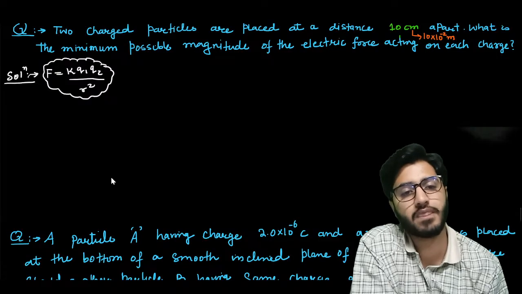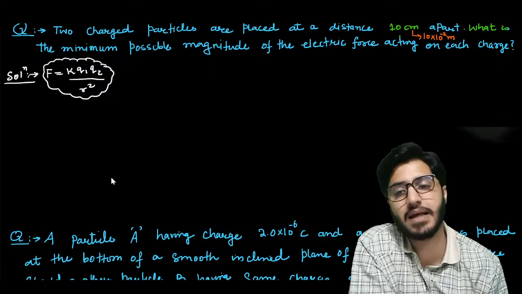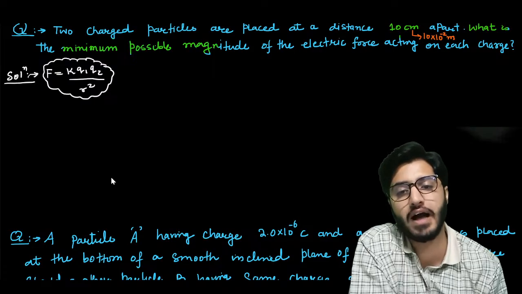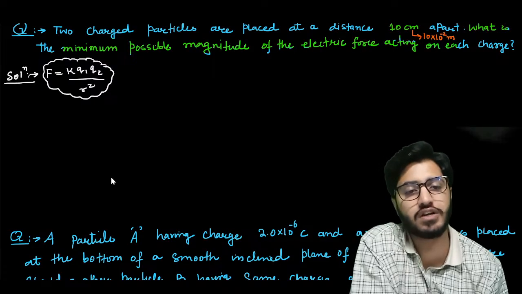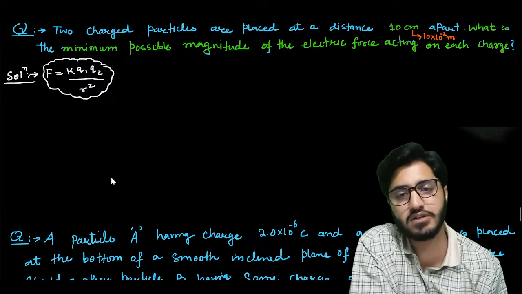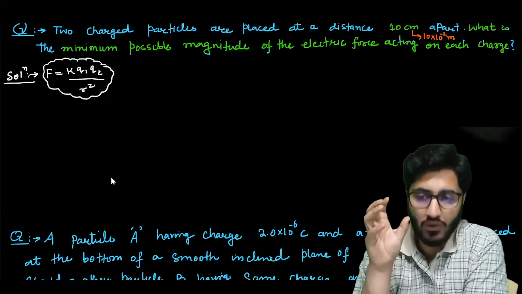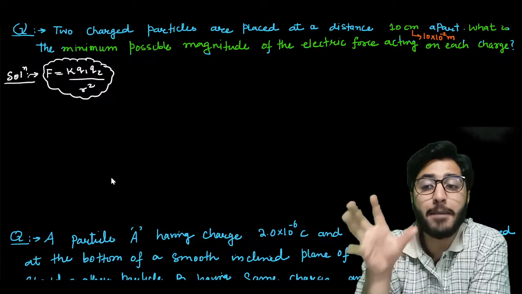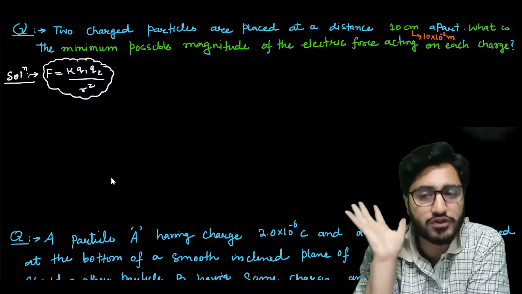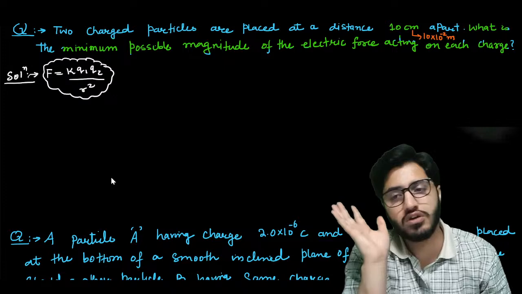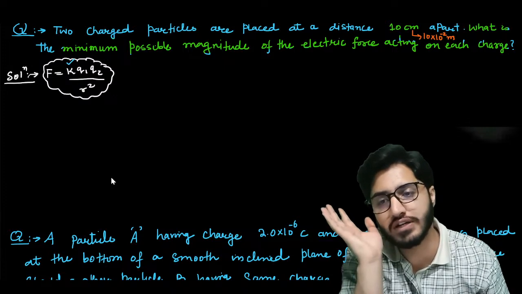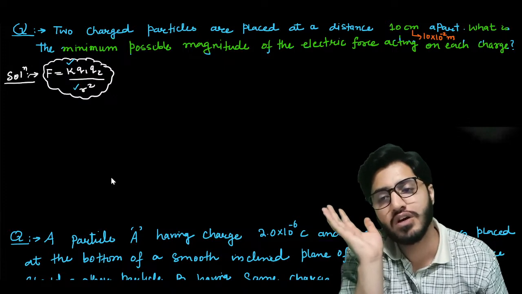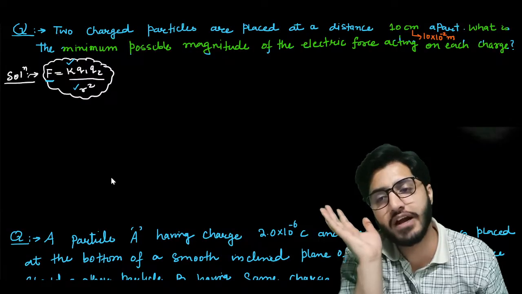Next part. What is the minimum possible magnitude of electric force acting on each other? That means we have to find what should be the minimum electric force. Q is given to us, R we know, so F depends on the magnitude of Q1 and Q2.